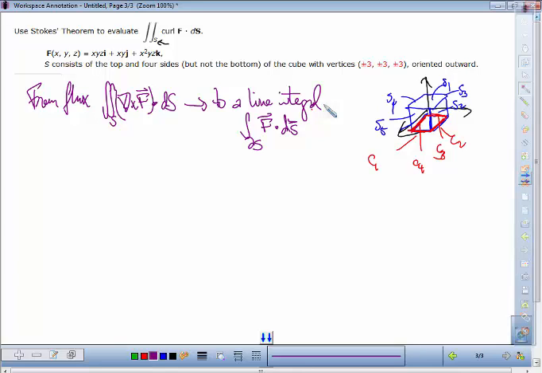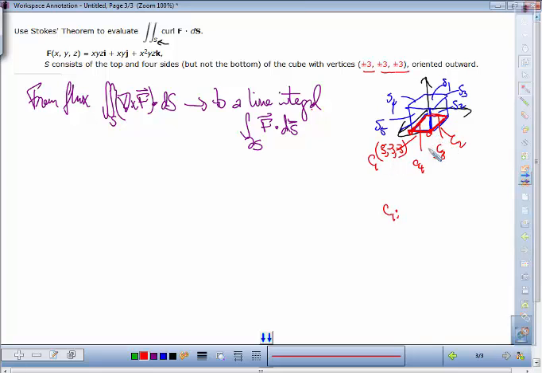Let's parameterize C1. So these are vertices. Let's say our C1 goes from positive 3 in the X, negative 3 in the Y, negative 3 in the Z. That's the point.